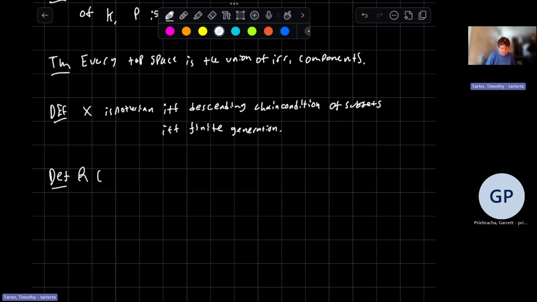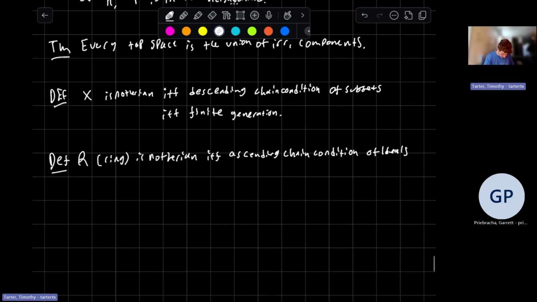A ring is Noetherian if and only if we have the ascending chain condition of ideals, and this is preserved by quotients and localization.